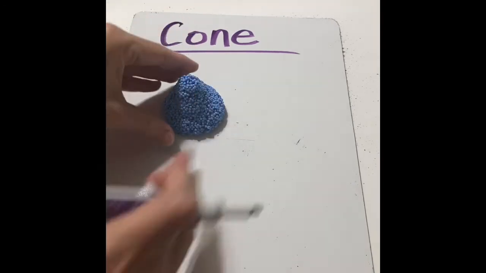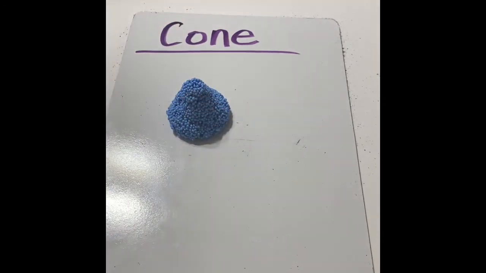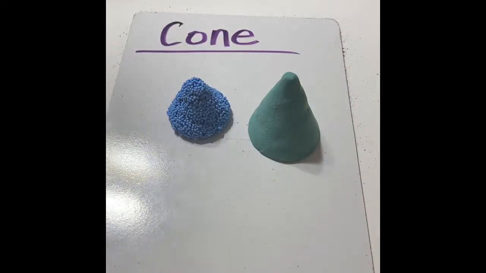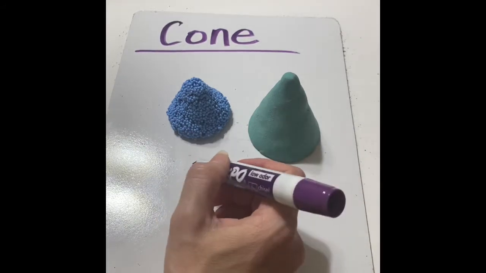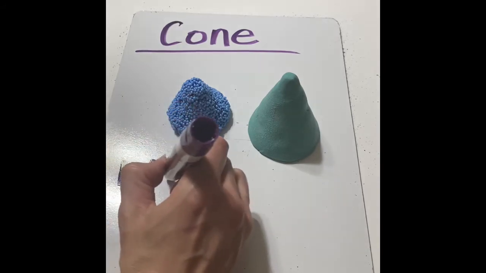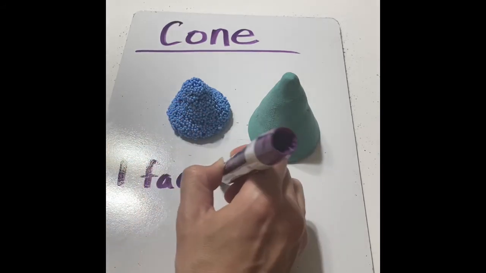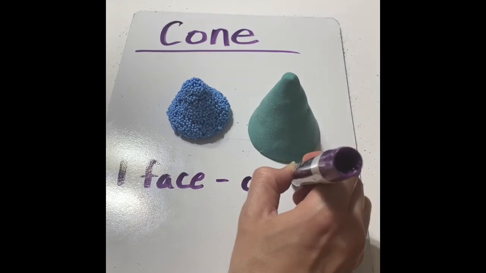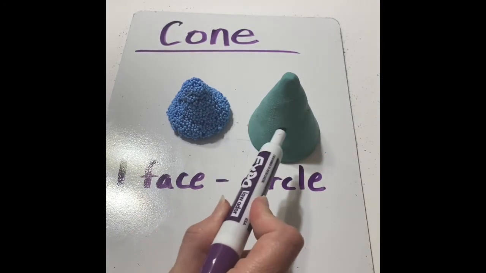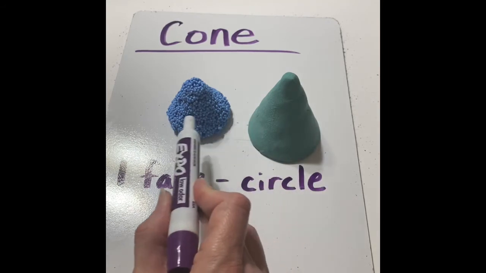The next 3D shape is a cone, and I did not have a lot of good examples, so I made a cone here. It's not perfect. Here's another one made out of some sand. A cone has one face, and that is at the bottom, and it is a circle. It also has what we call a rounded surface here.